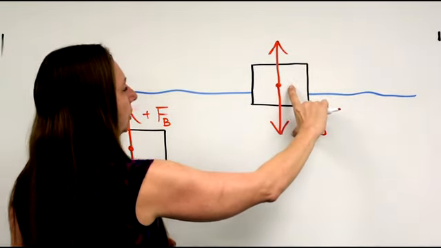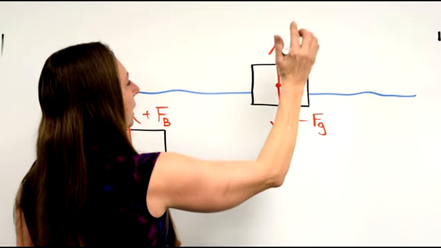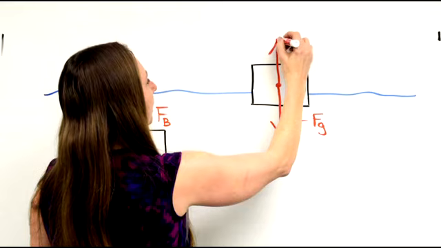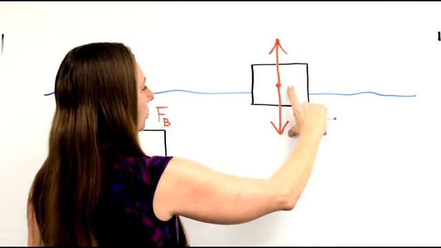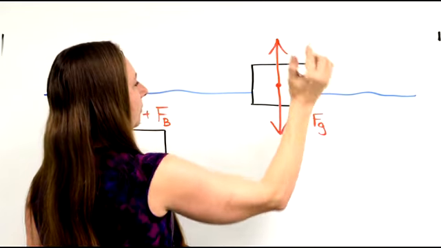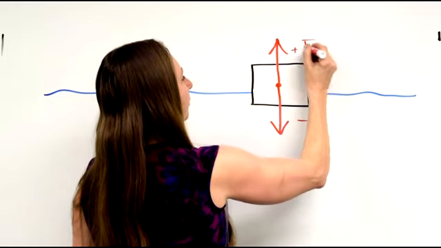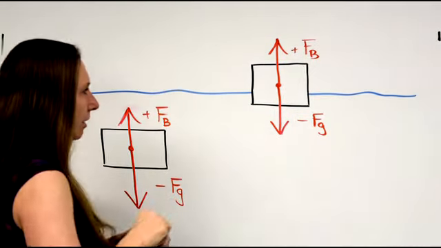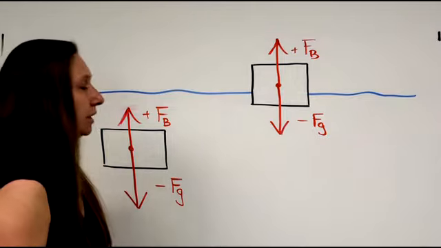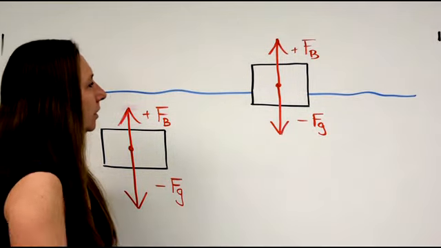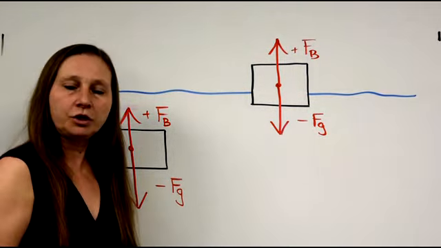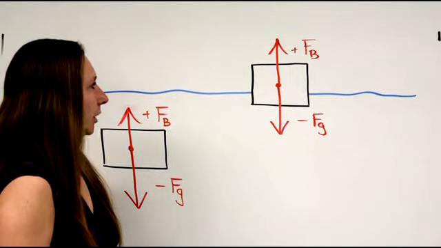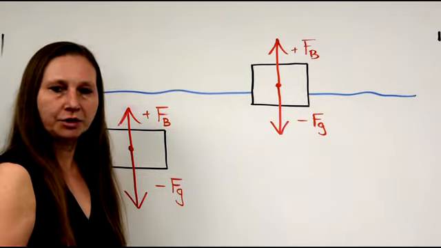I'm trying to make them the same magnitude. That looks about right. We'll make that a tiny little bit longer. Okay? So negative Fg, yeah, okay. Positive Fb. All right? So in this case, the object is floating because the net force here is 0. You could say that the object is at rest.